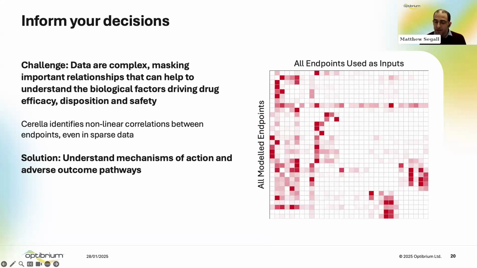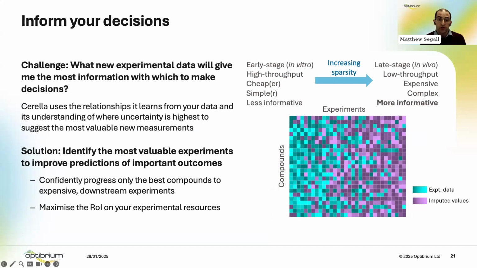And once we understand that importance, we can also use it to drive decisions around the experimental data to measure next, to make more informed decisions. So it uses those relationships I just described, along with an understanding of where the uncertainty is greatest in the data and in the predictions it's making, to say, here are the most valuable measurements to make, which then, if used as input to the model, will allow us to make even better predictions of those downstream outcomes.